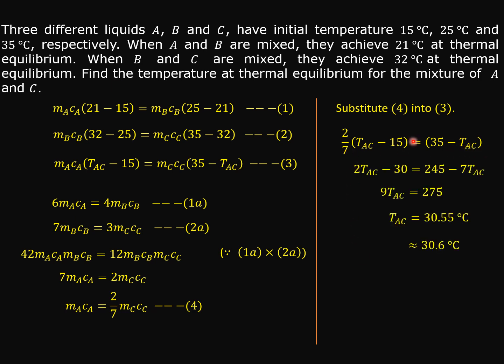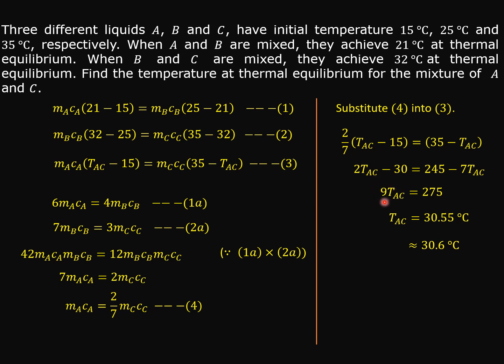Now we multiply these equations by 7 on both sides. The left hand side becomes 2TAC minus 30, and the right hand side becomes 245 minus 7TAC. Why 245? Because we take 7 multiplied by 35. So now these 2 TAC and negative 7 TAC we can group together by bringing this negative 7 TAC to the left hand side of the equality sign, then we add up with 2 TAC.